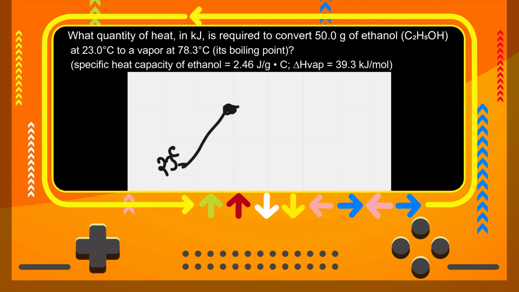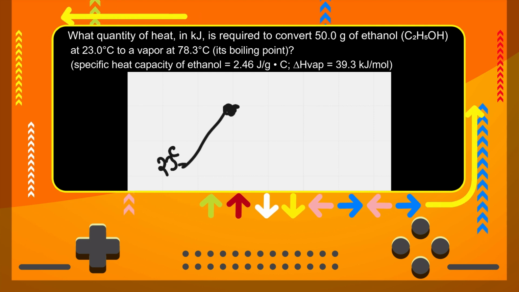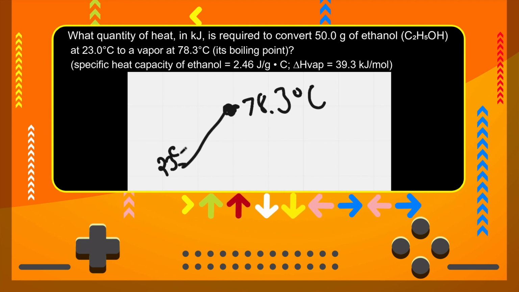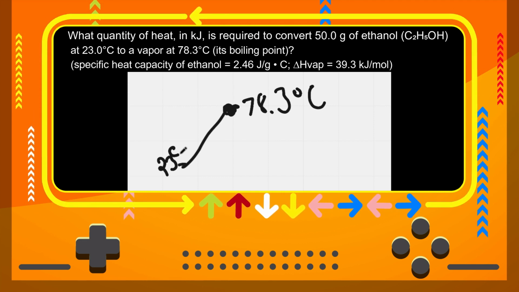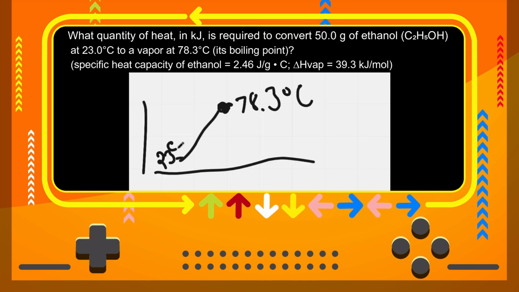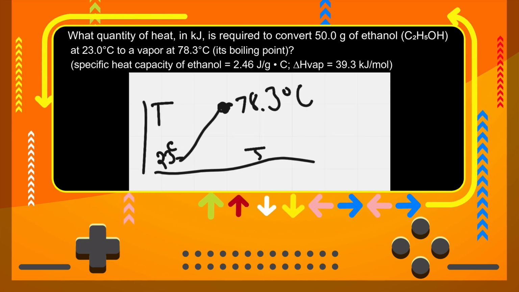And on this particular reaction, we're actually going to stop at 78.3 Celsius. So we're looking at the heating curve right now, right? Because we started off at 23 degrees Celsius and we're going up to 78.3 degrees Celsius. As we go up, the temperature is increasing, and as we go further towards the right, we need more energy.